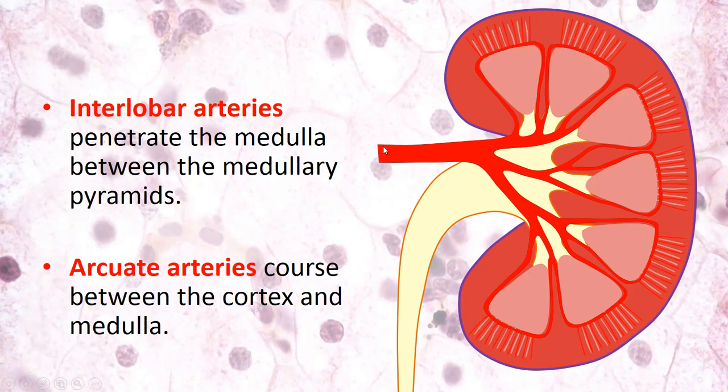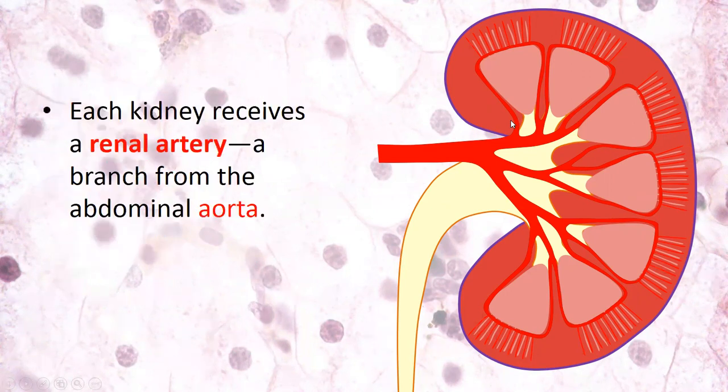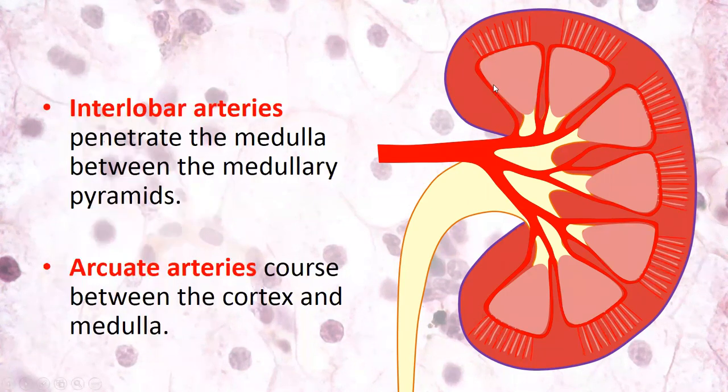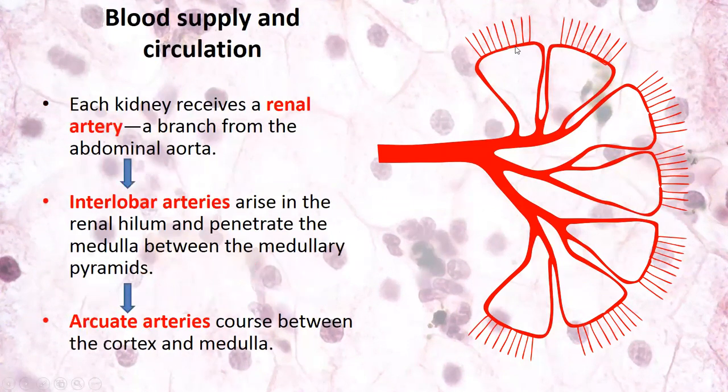So here we have the renal artery, also anterior and posterior branches of the renal artery, and they form segmental arteries. Interlobar arteries are present here, arcuate arteries, and also here we can see small ray-like arteries which are called interlobular.